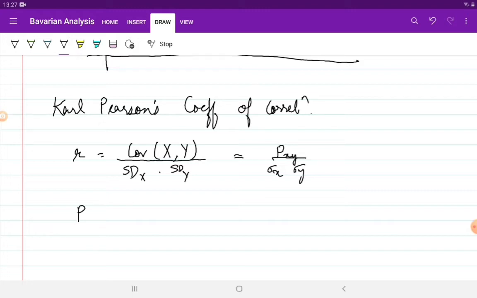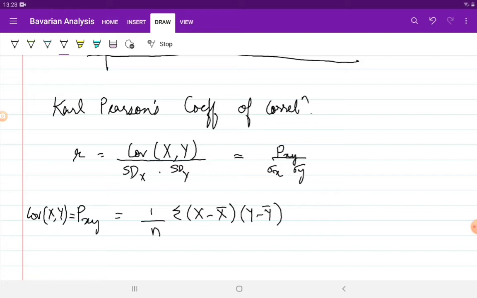Now, what is the covariance of x and y? The covariance between variables x and y, denoted here as p subscript xy, will be 1 by n times the summation of x minus x bar into y minus y bar. I hope you remember what the standard deviation formula is.